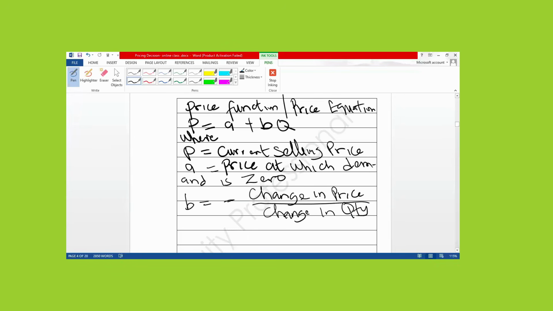There's a negative sign here. The higher the price, the lower the demand. That negative represents an inverse relationship.